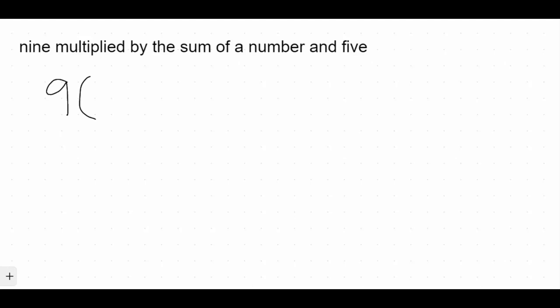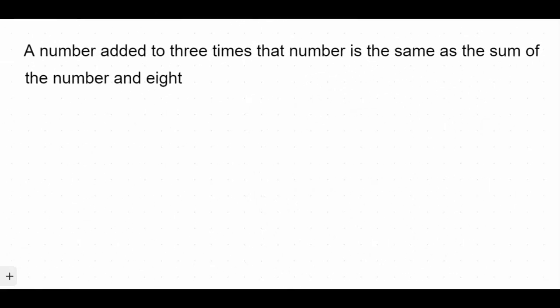And it says that I'm going to be taking the sum of a number and 5. So if I'm going to add a number and 5, well, remember, anytime it says a number, that's going to be X. And I'm going to be adding X along with 5. So that means X plus 5. So we're taking 9 and we're going to multiply it by X plus 5.